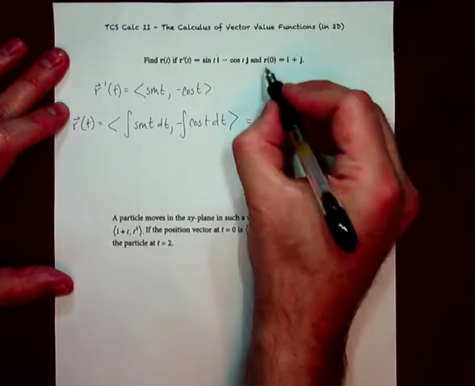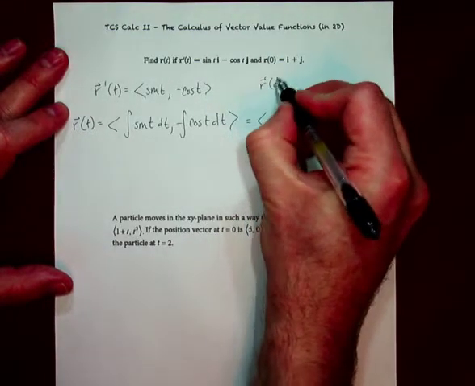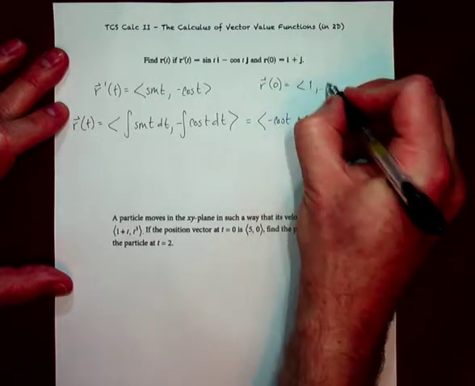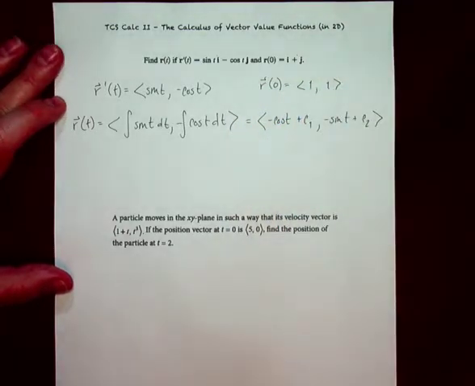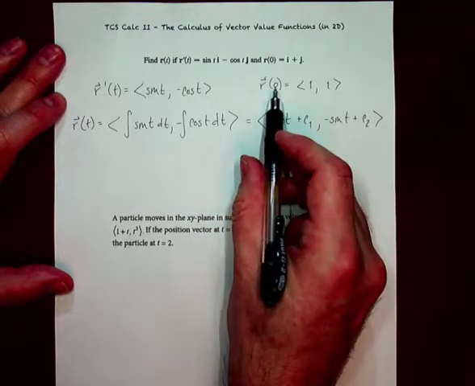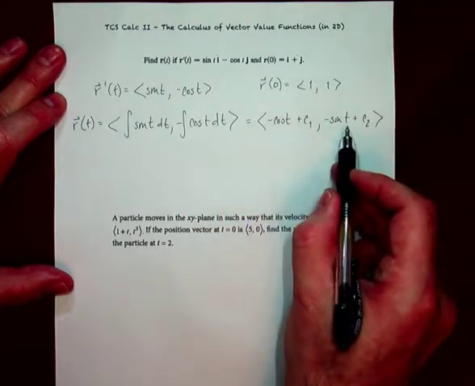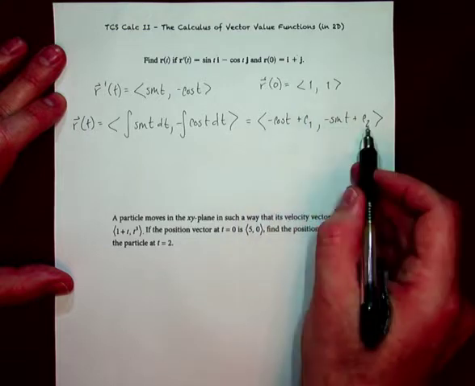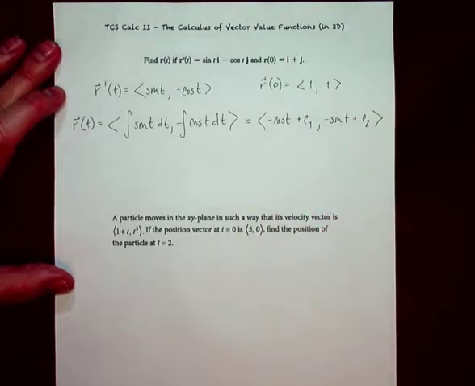Now, remember that this right here in component form is 1, 1. So basically, if I were to plug in 0 for both of these t's, I should get 1 and 1, and that is going to help me solve for C1 and C2.